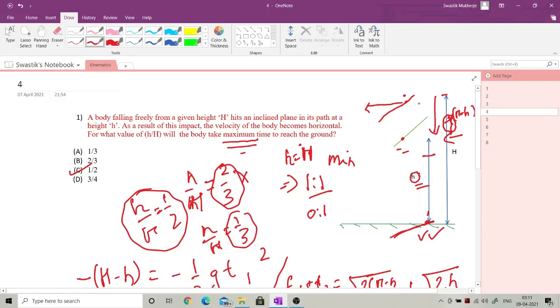Because there is no bias, there are identical cases on both sides. There is a hindrance in the middle. You're trying to maximize, it will happen in the middle. So you can easily understand that this is half.